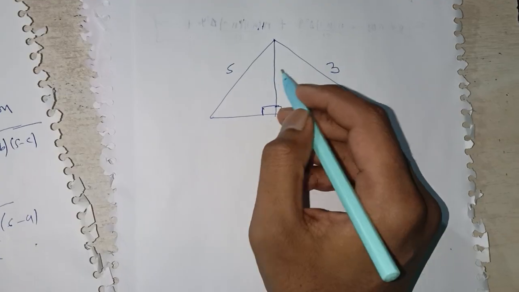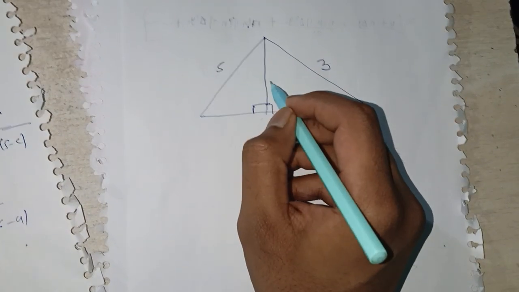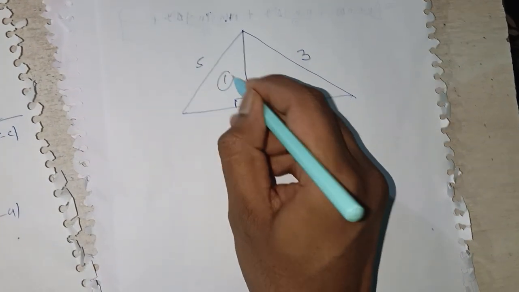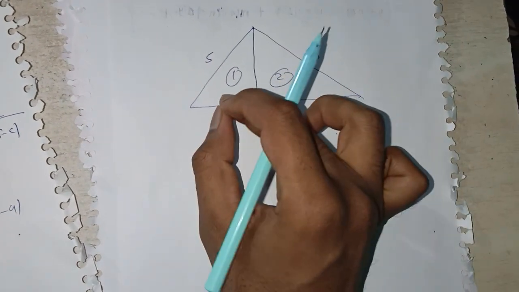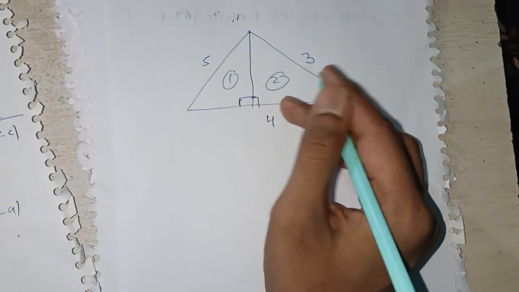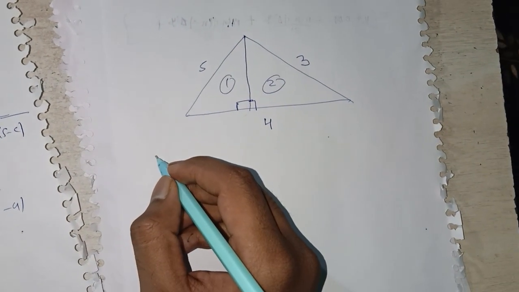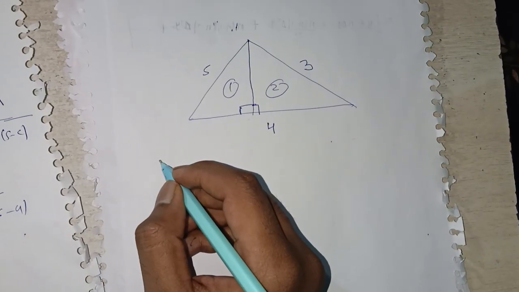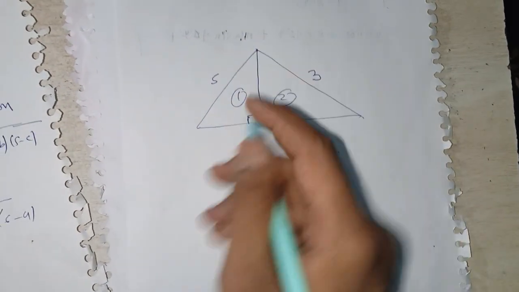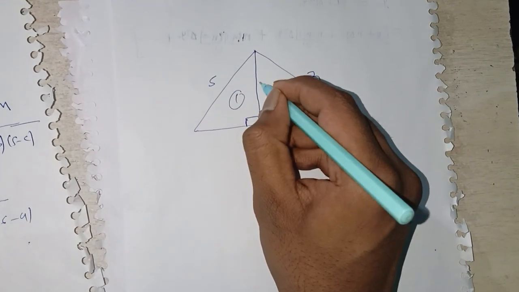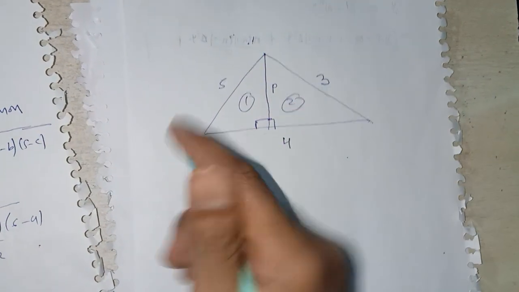Now we can see there are two right angle triangles, 1 and 2. By using 1 and 2 we can find this length. We know that we can use the Pythagoras theorem in a right angle triangle. This is a right angle triangle. Suppose this length is the perpendicular, p.